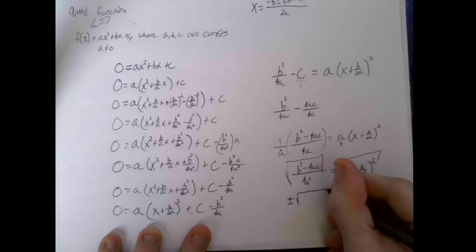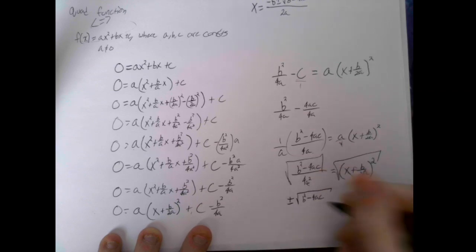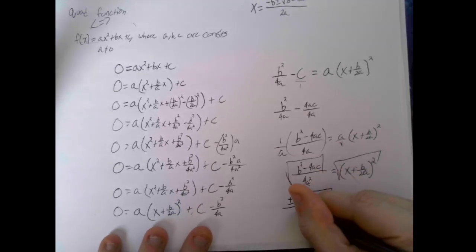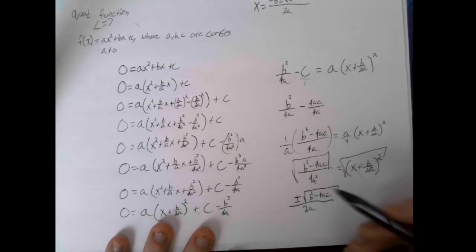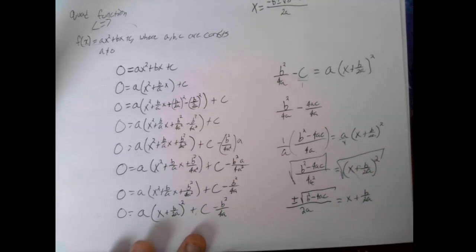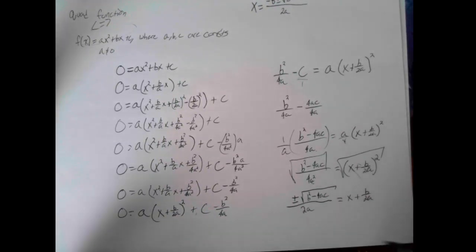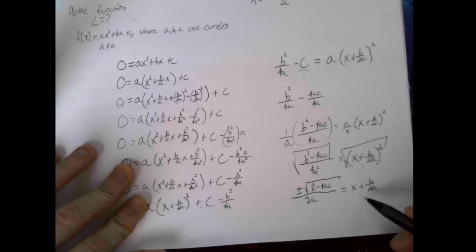So square root of b squared minus 4ac over 2a, because square root of 4 is 2, square root of a squared is a, equals x plus b over 2a. Now, from here, in order to get x by itself, all you have to do is subtract b over 2a from both sides.